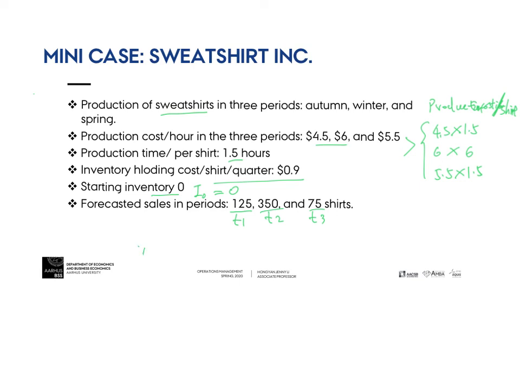First, the decision variables for this problem would be the production quantities in each period, and the inventory decisions in each period, we use IT, for period T.